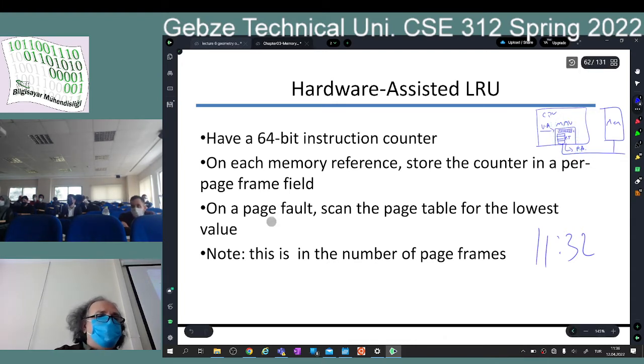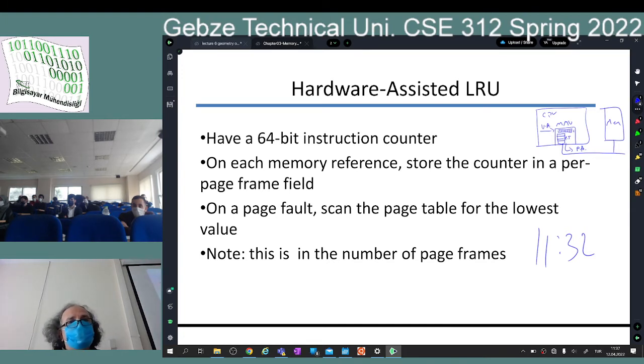When a page fault occurs, I scan my pages and find the lowest value. I say, okay, I accessed this page at this time, and this is actually the least recently used page. So I know exactly which one is least recently used.